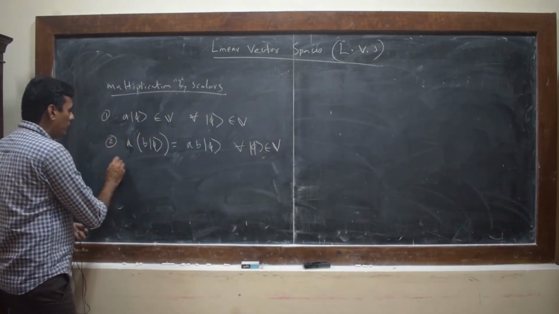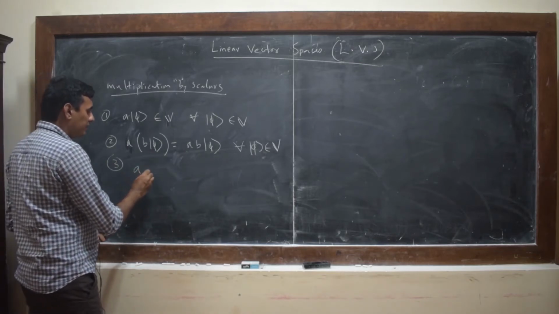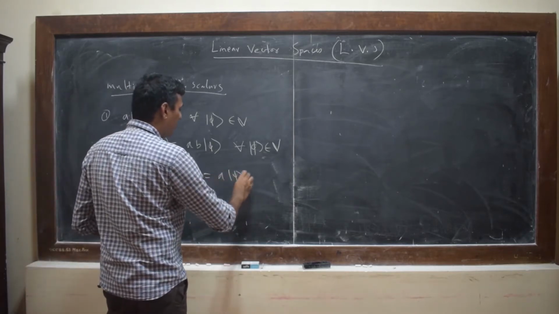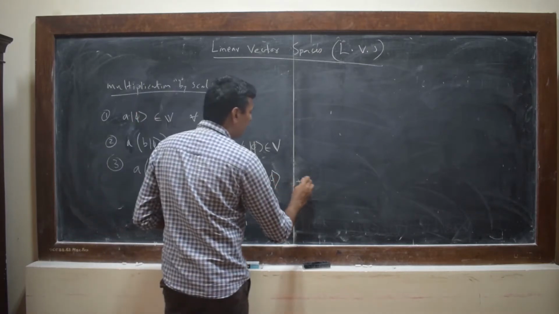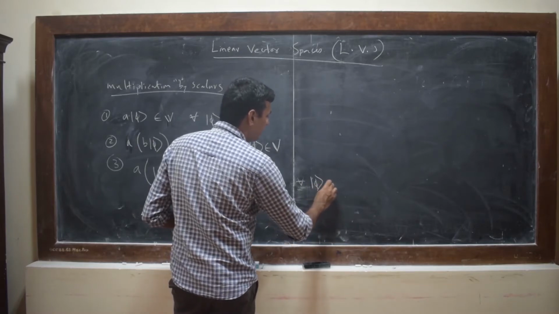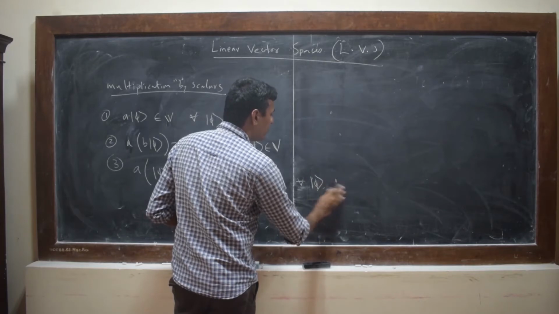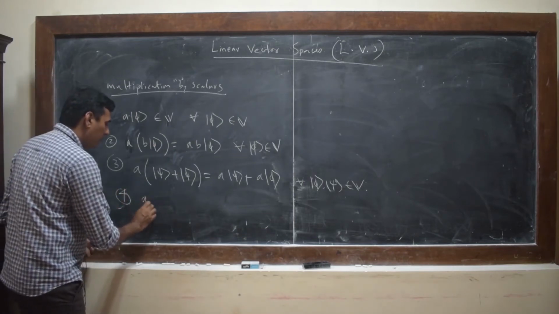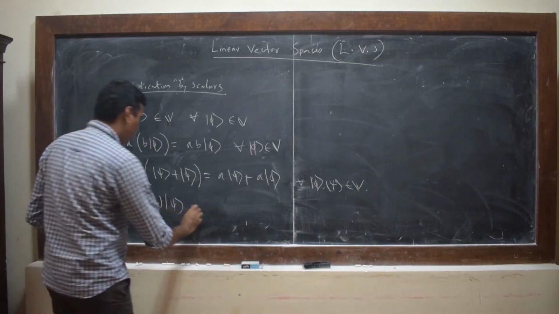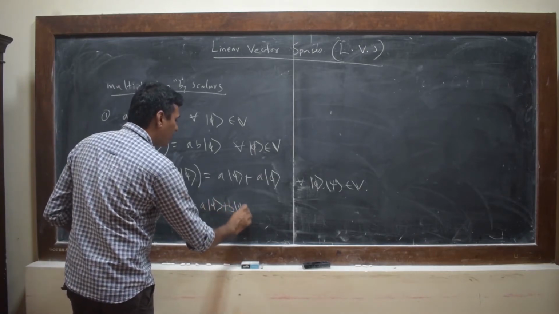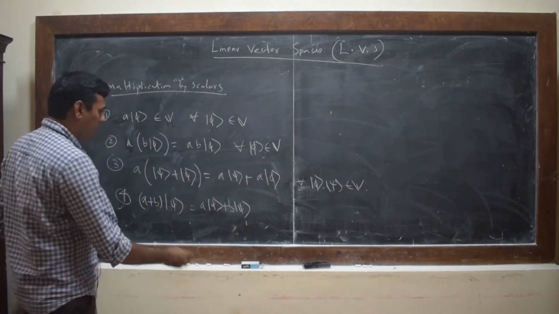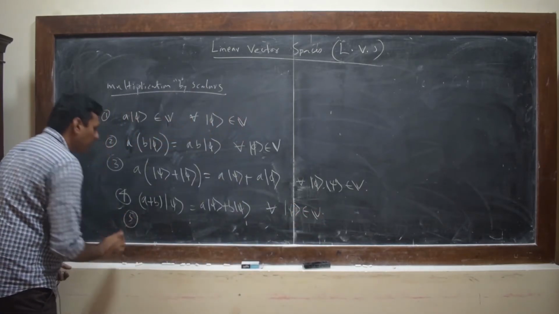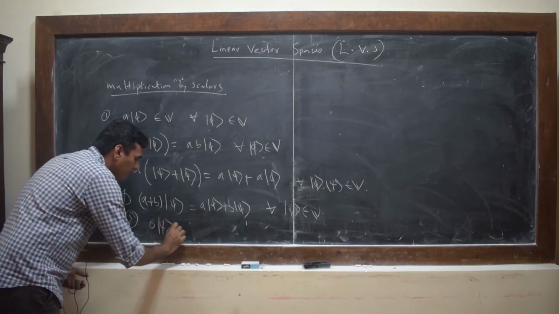Now, the third property is that A into psi plus phi must be equal to A psi plus A phi for all phi, psi belonging to V. And the fourth property is that A plus B into psi is equal to A psi plus B psi, again for all psi belonging to V. And then 0 into phi is equal to 0.